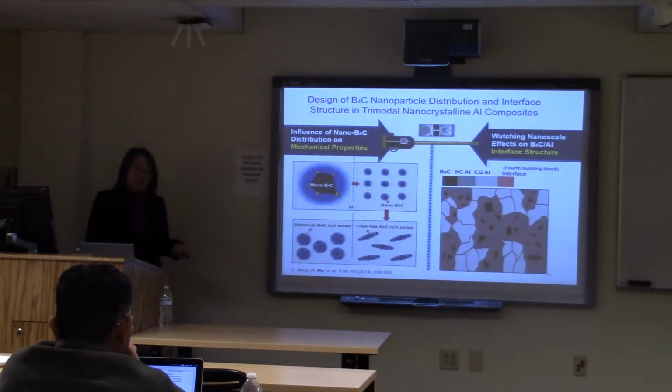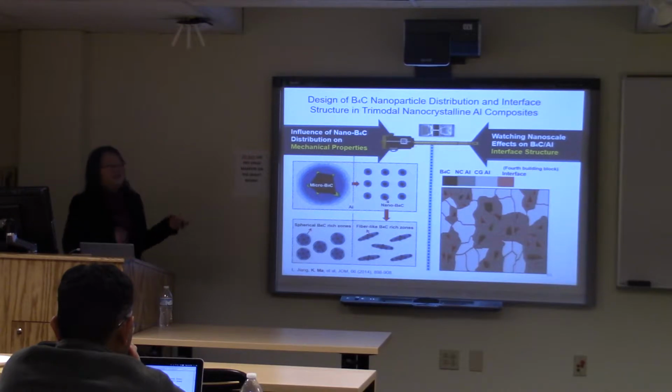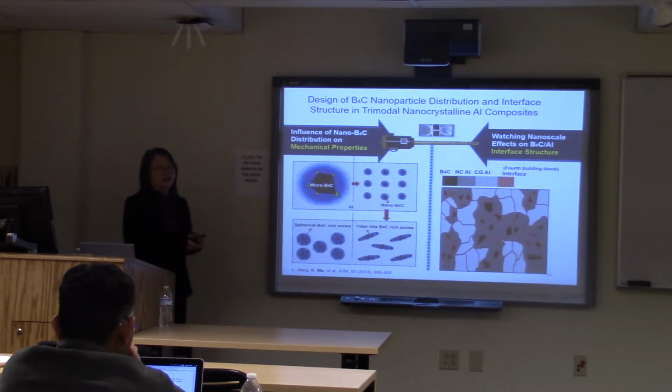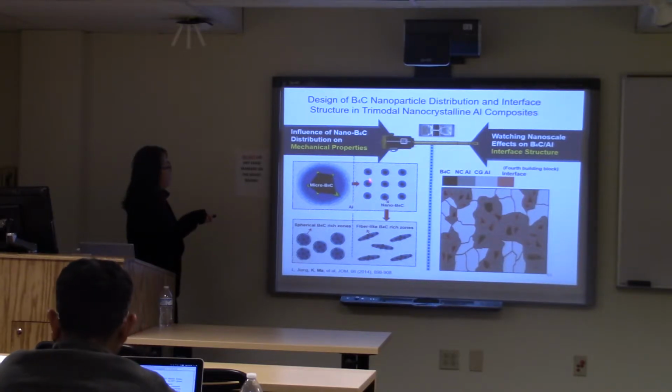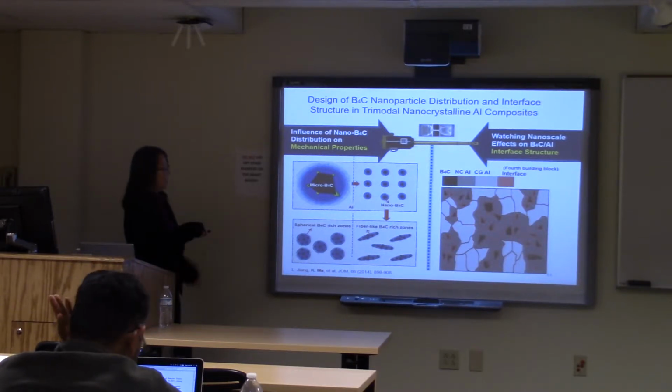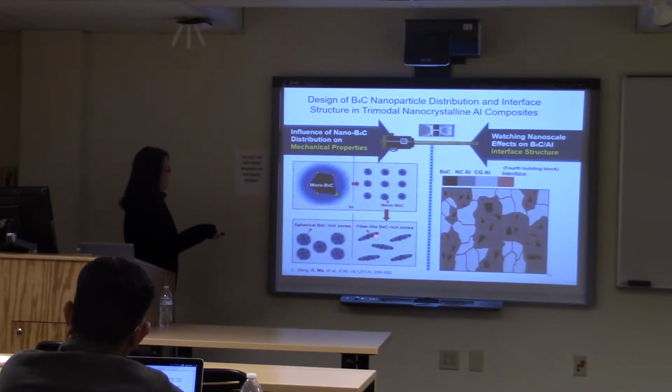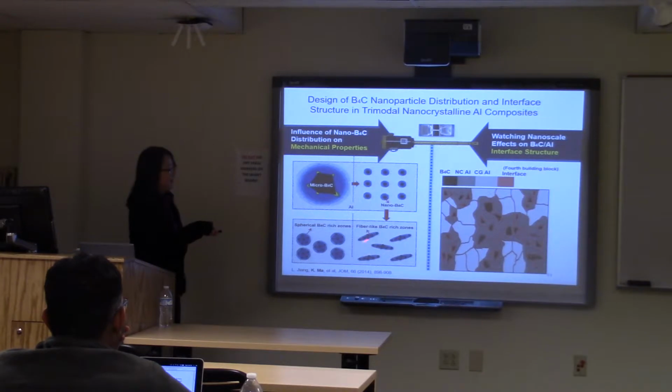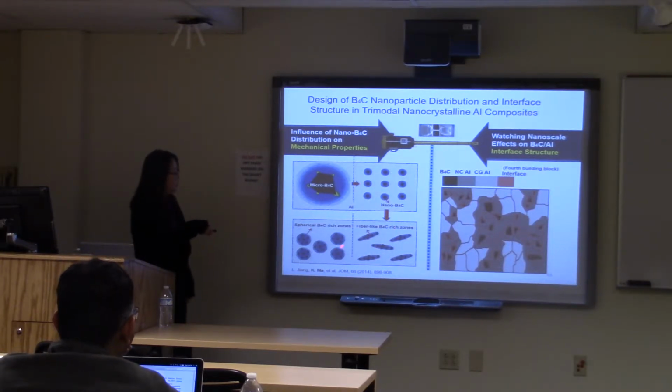So we started with a theoretical design of these trimodal composites, where you can even manipulate the distribution of the B4C particles, either a narrow particle homogeneous distribution, or a more micro-sized design. And you can make it into fiber-like ridge zones, or just spherical ridge zones.